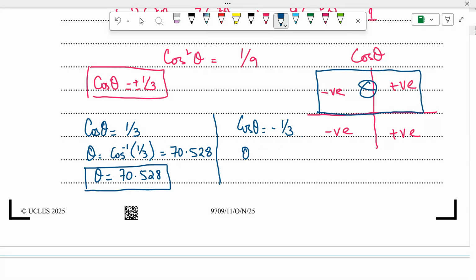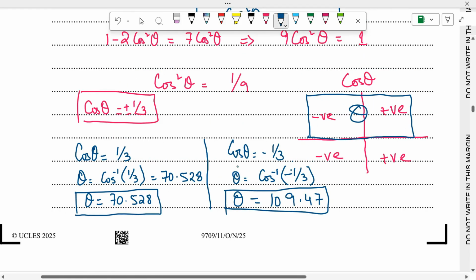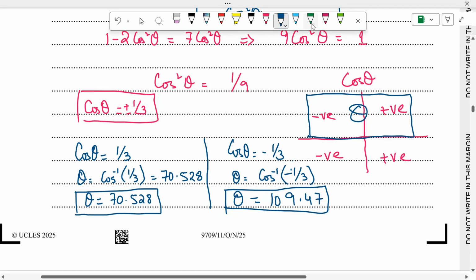In the second case, theta is equal to cos inverse of negative 1 over 3, and this is equal to 109.47. So we already have the angle which belongs to the second quadrant. If you want to use the base angle to find the angle in the second quadrant, it can be found using 180 minus theta b, where theta b is the base angle. So you can use 180 minus 70.528 and you will get 109.47 also.